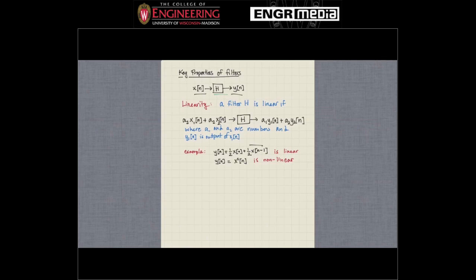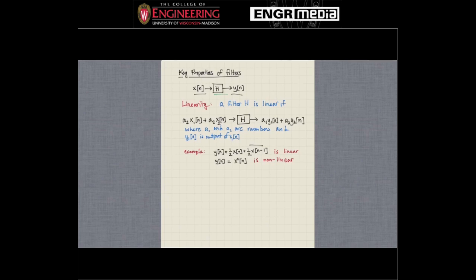Okay? So the first property we want to talk about is linearity. And we say a filter H is linear if the following is true. If we can take 2 signals, x1 and x2, and let's say the signals x1 and x2 have outputs, if we put them into the filter by themselves, y1 and y2, if the relationship that's drawn there holds. So what does that mean? That means if I take the signal x1 and I scale it by some number a1, and I take the signal x2, scale that by some number a2, and then I add them together, so that's a new signal.